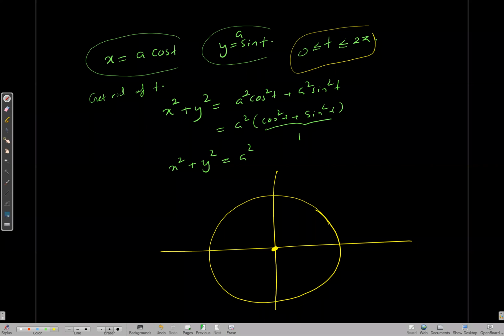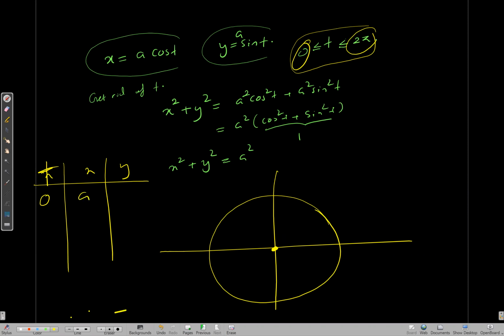For example, now let's draw the table, not the whole of the table, but some part of it. Let's see the starting point and ending point. When t equals 0, the x value is a cosine 0, which is a, because cosine 0 is 1, and the y value is a sine 0, sine 0 is 0, so (a, 0). And at 2 pi, you have the same story.